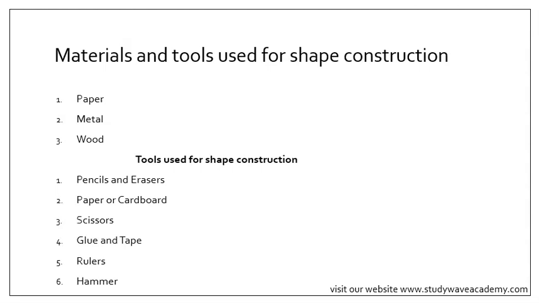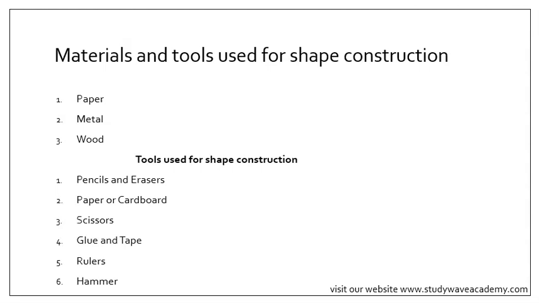You use scissors to cut, okay? Whatever shape you outlined, you use scissors to cut. Scissors are used for cutting out shapes. When you're working on a project, you use scissors to cut out your shape you have outlined, okay? Do you understand? Then glue and tape.